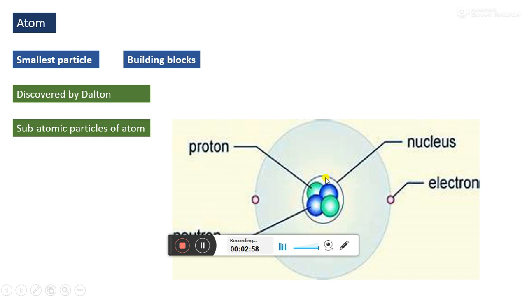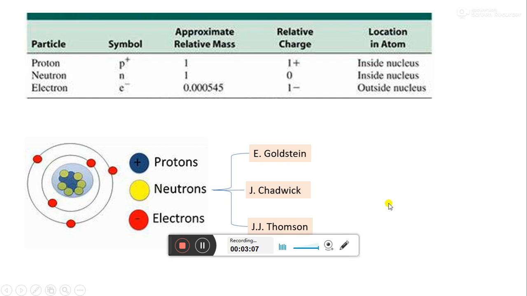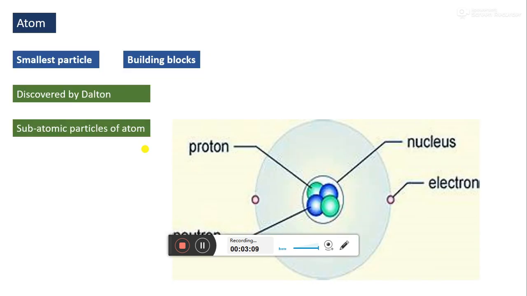The smaller circle is the nucleus. The nucleus consists of protons and neutrons, and the electrons are revolving around the nucleus. This whole thing is the structure of the atom, right?